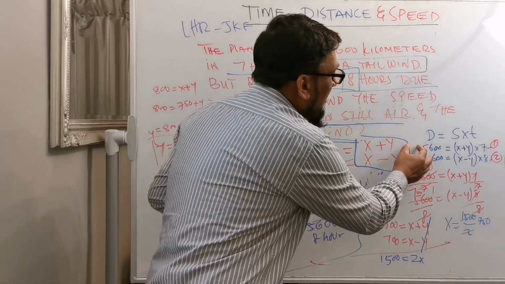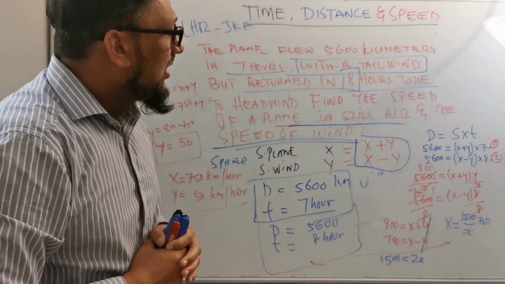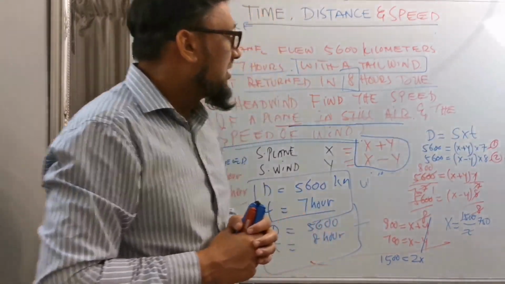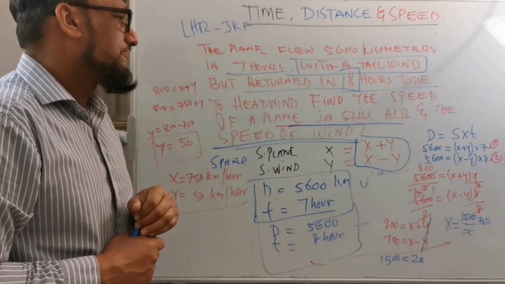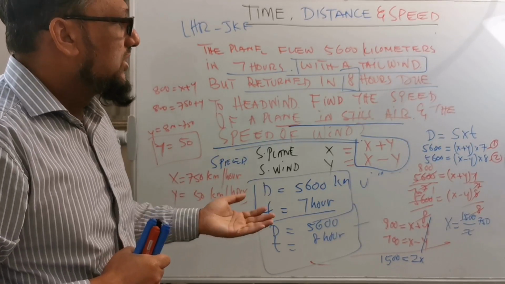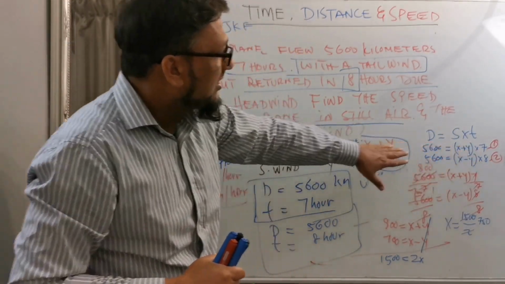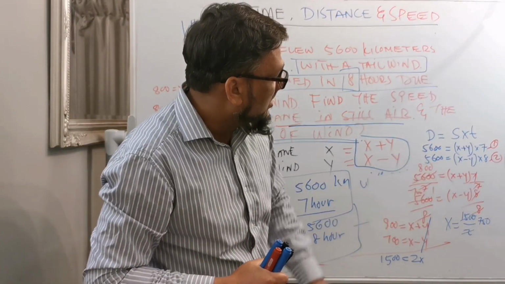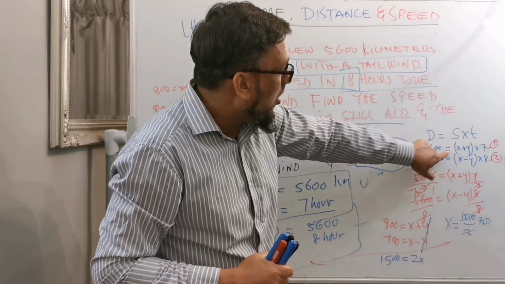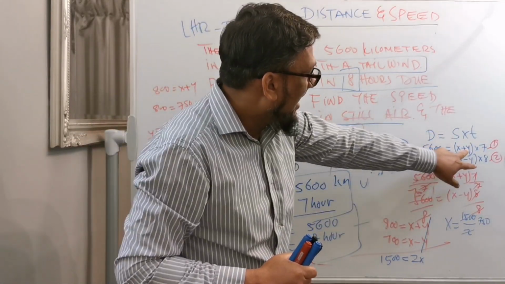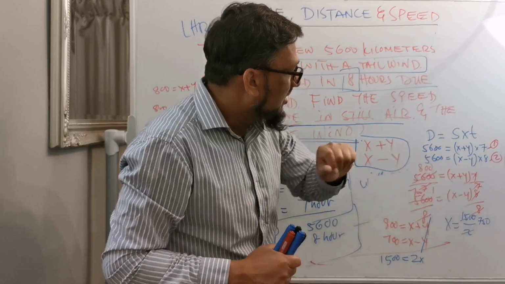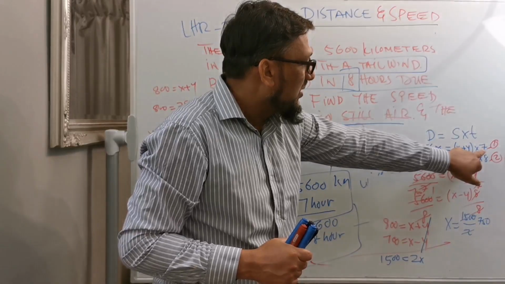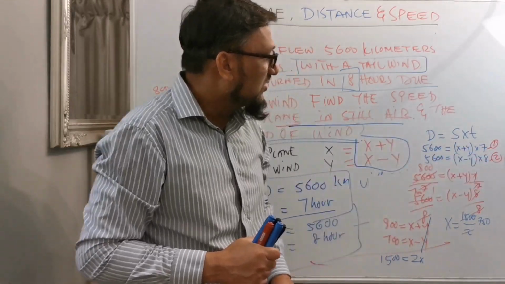And as per the equation, we know that distance equals speed times time. So we just simply enter the values. We know that 5,600, and the speed with wind is x plus y, and without wind x minus y, and t is the time. It took 7 hours and it took 8 hours.